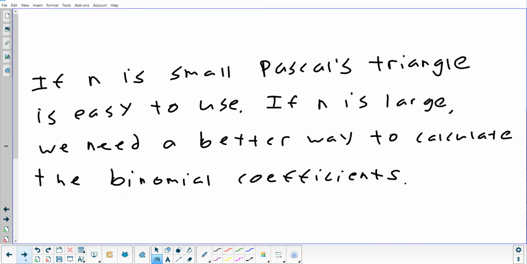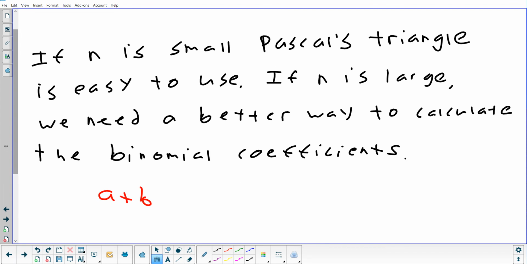So again, fine if n is small, but what if n is large? We need a better way to calculate binomial coefficients. Like the 1331, 14641. Those are binomial coefficients. We can't rely on Pascal's triangle, especially if I said to you something like this. Now, I wouldn't have you do out an entire problem like this on the test, but I might ask you something like, what would be the coefficient of the a to the 40th, b to the 20th term?